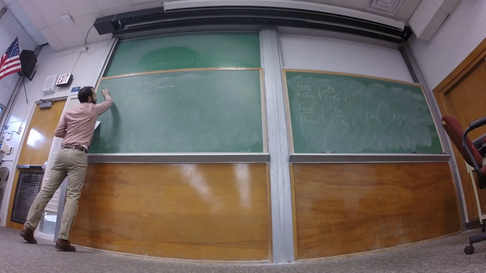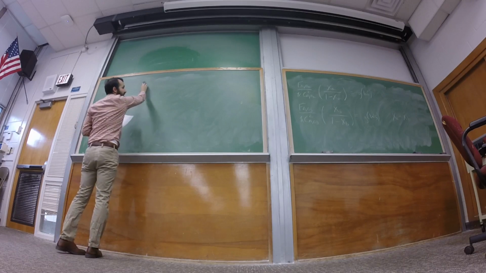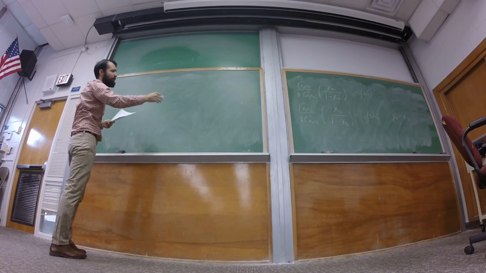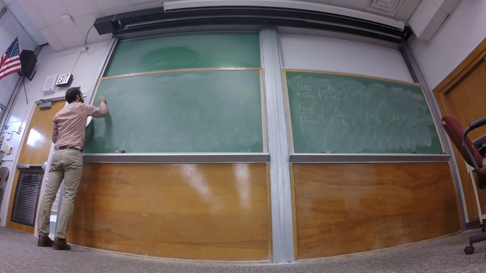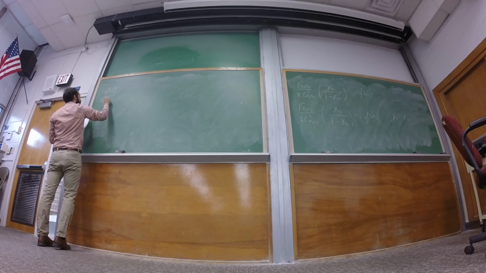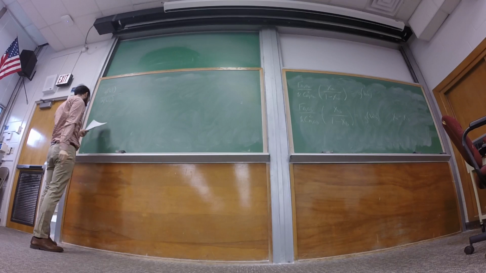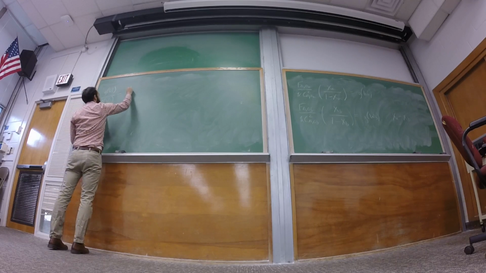So what's the ratio then of those two curves? So you get the ratio of those two functions. Let's see what cancels.